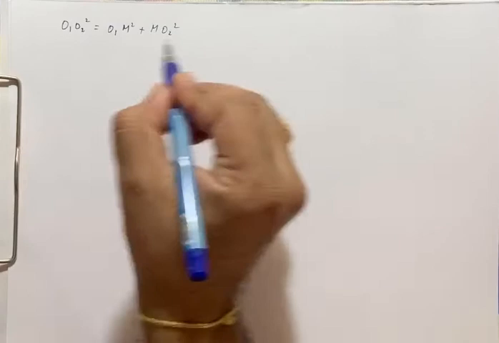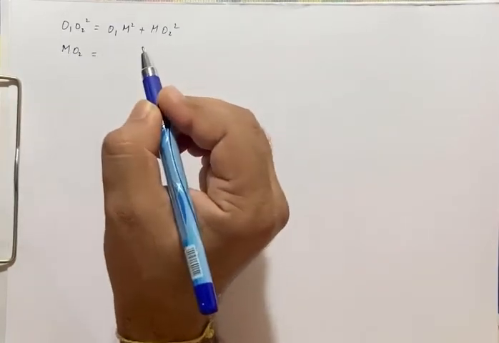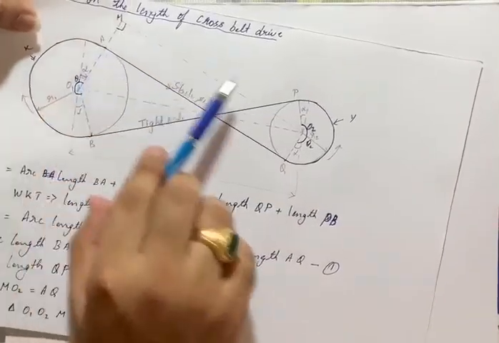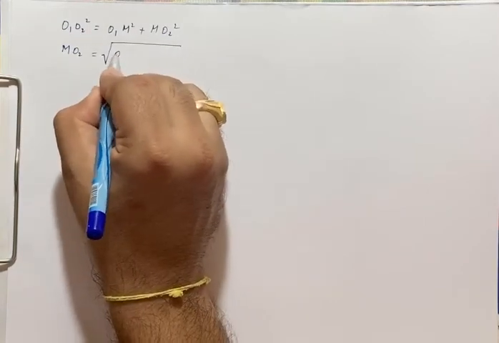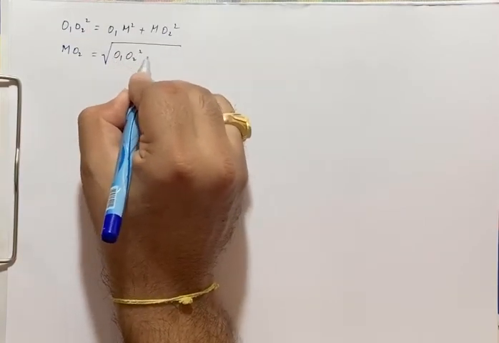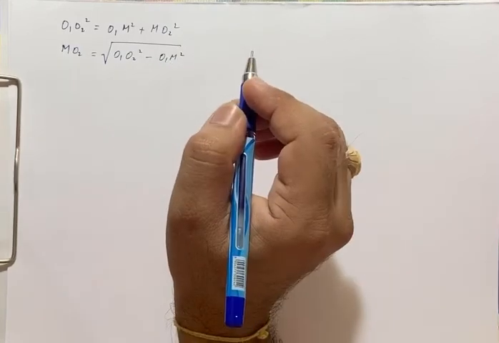Now, what is MO2? Because we need to find out this length, that is MO2 here. So, what is MO2? MO2 is the square root of O1 O2 square minus O1 M square, right?